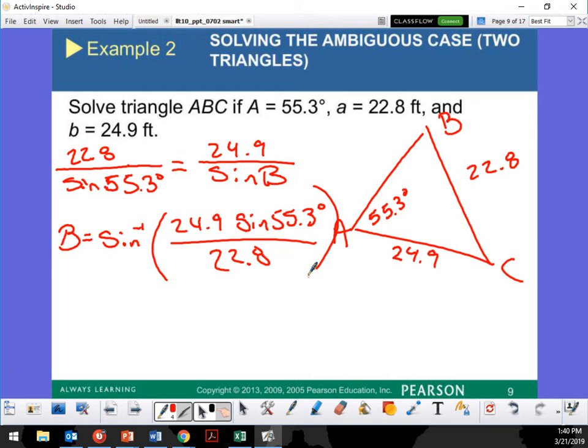What do we get? 63.9. What'd you get? 63.9.